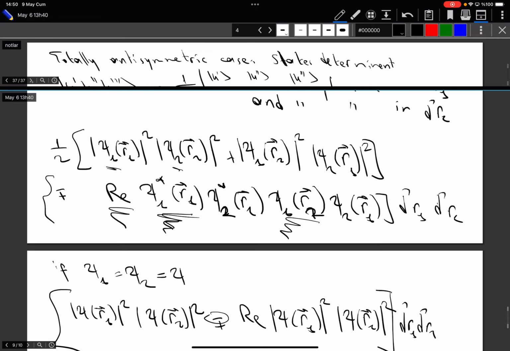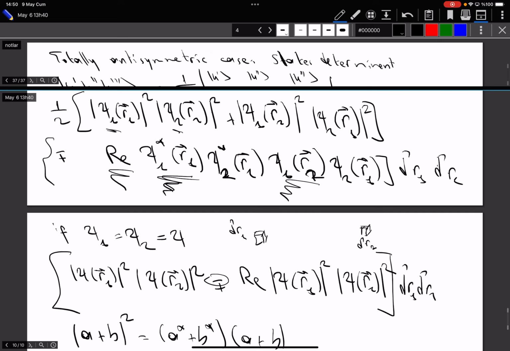You see, this is the claim. Let's say that I have d cubed R1 somewhere over here, and I have d cubed R2 somewhere over here. And then I say that, okay, psi1, the first state, is localized in this region, and psi2 is localized in this region. Which means that if the argument of psi1 is outside this region A, it's practically 0.